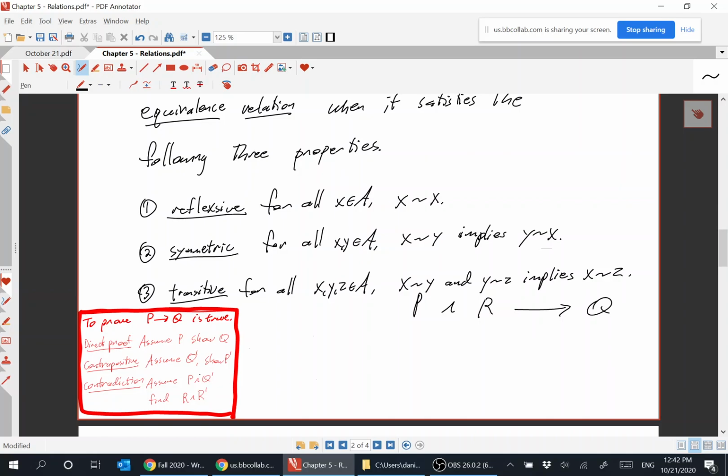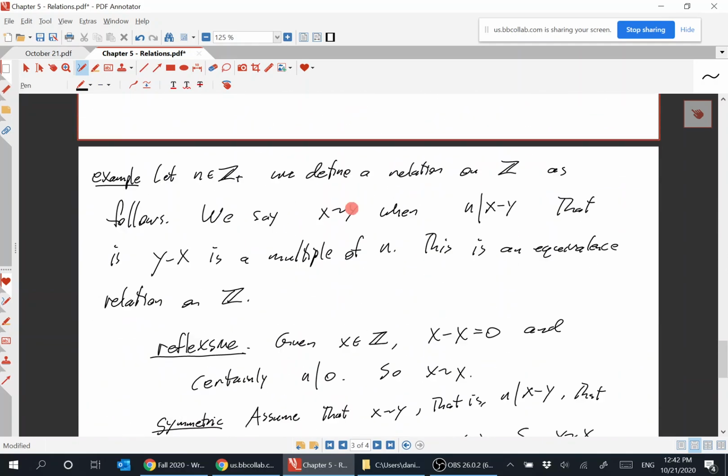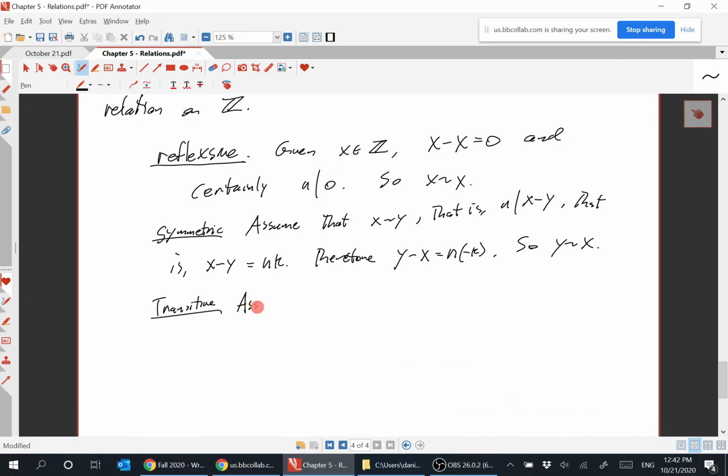Assume x is related to y and y is related to z. That is, n divides x minus y, and n divides y minus z.